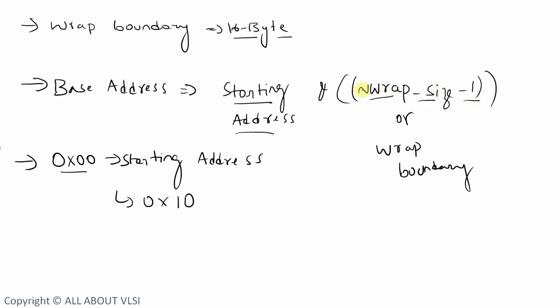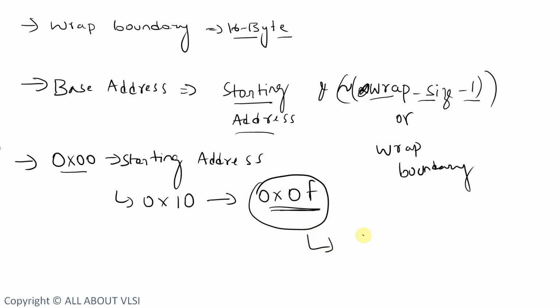What is WRAP size minus 1? We get 0x0F. This is our WRAP size minus 1, and we need to make the complement of this, that is nothing but 10.